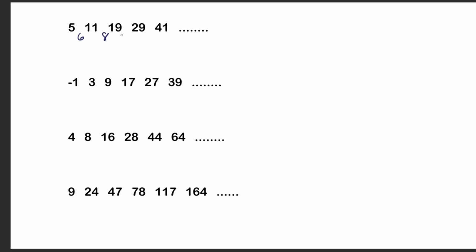So 6, 8, 10, 12, 2, 2, 2. And it's exactly the same principle for C, the fact that we know that 2C is always the second difference number. So we now know that C is equal to 1, because that's the easiest one to find.